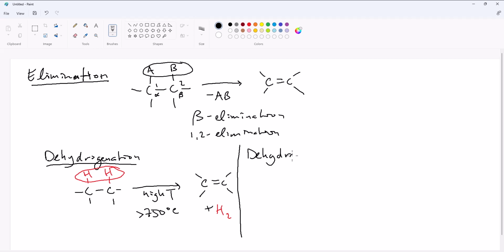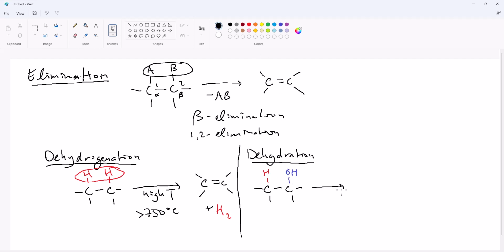Another common reaction, and this is one we will see in this chapter, is dehydration. In a dehydration reaction, we'll start with the same form. On one carbon, we have an H. On the other carbon, we have an OH, so we have an alcohol.